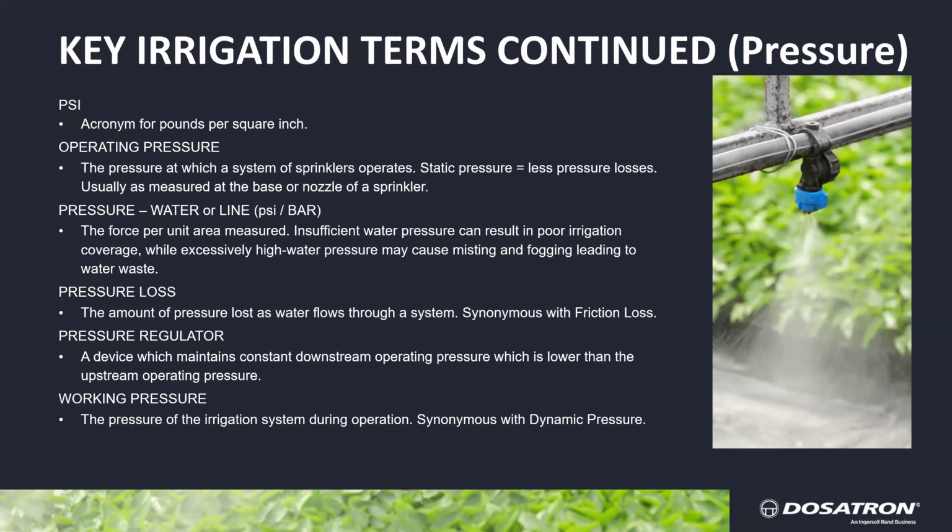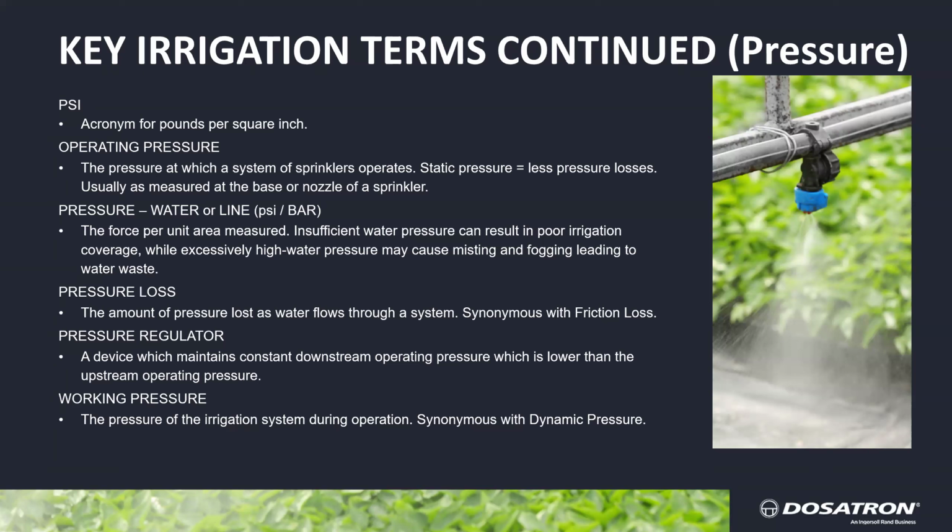You'll notice in some of the products that you probably use, emitters or sprinkler heads, they have an operating pressure, and that pressure is given in a range, maybe for an emitter 10 to 30 psi or 10 to 40 psi. For sprinkler heads and some of those larger watering devices, you might find a higher range, as much as 60 or 70 psi, depending on how much you need to move through there. That operating pressure is where we need to start to figure out how much water we need to move and at what force in order for those devices to work.